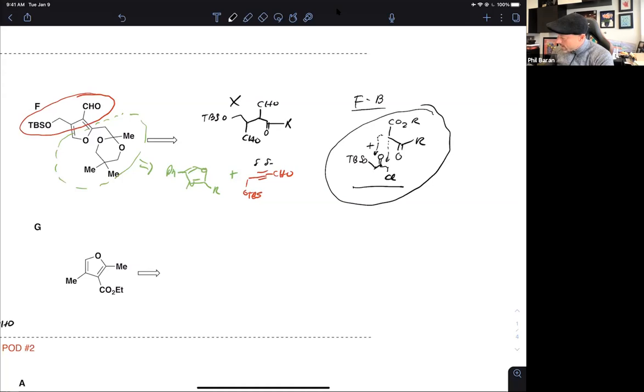And then we need to identify where, if we look, here's our R group and our aldehyde are here. So our delta minus is here and here.